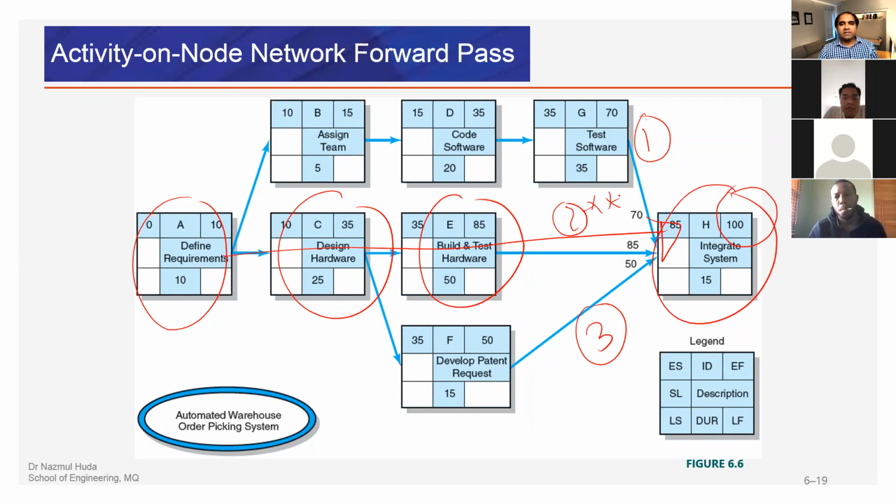This is the longest path in the project network diagram, and also the shortest duration in which we can finish the project on time, which is 100 days. And all activities within the critical path are critical activities. That means we cannot negotiate or compromise on any of these activities within the critical path.